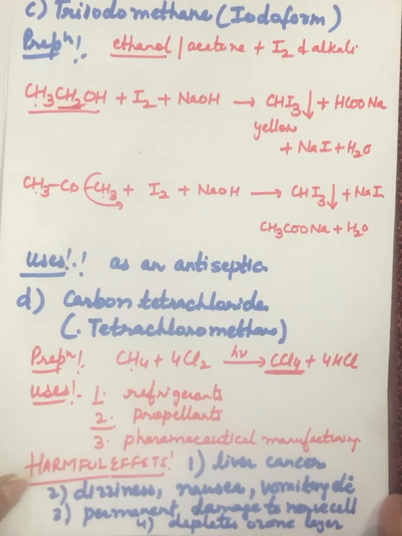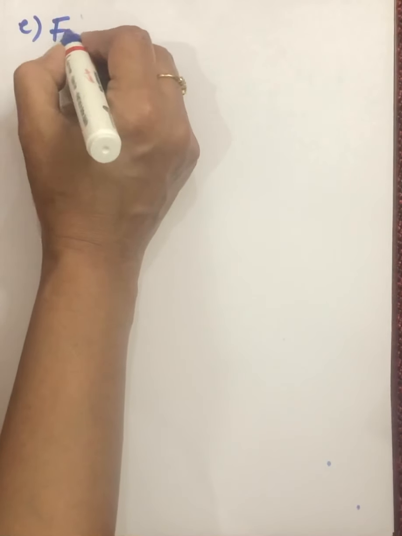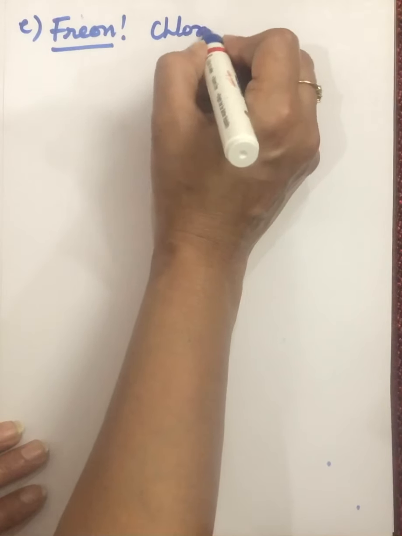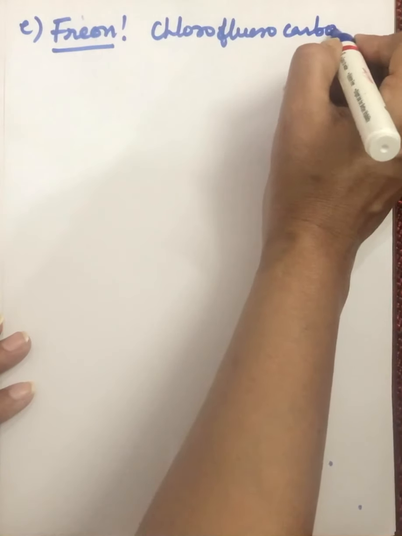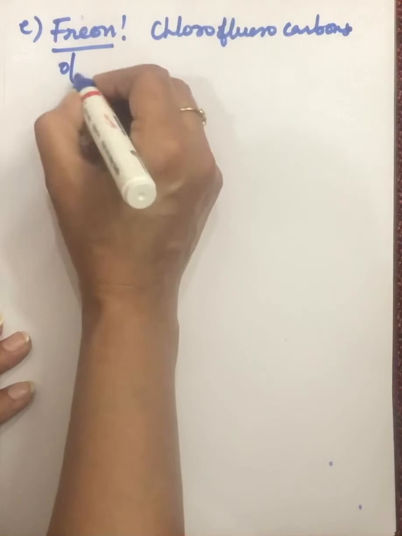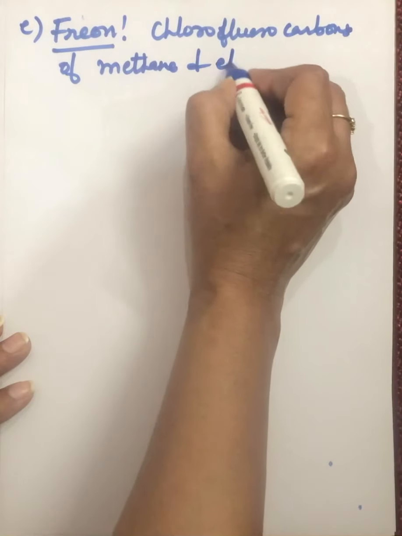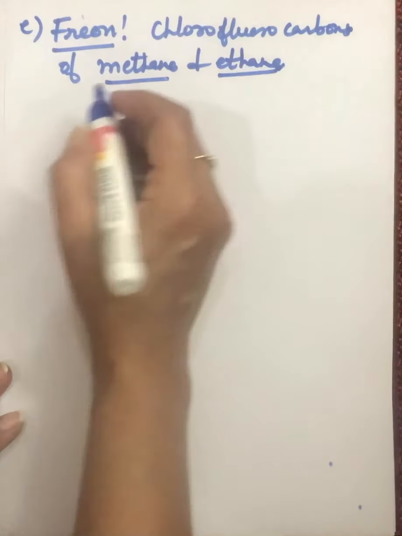Now the last compound after this is freon. Freon is chlorofluorocarbons of methane and ethane, which are collectively known as freons. How are these manufactured?